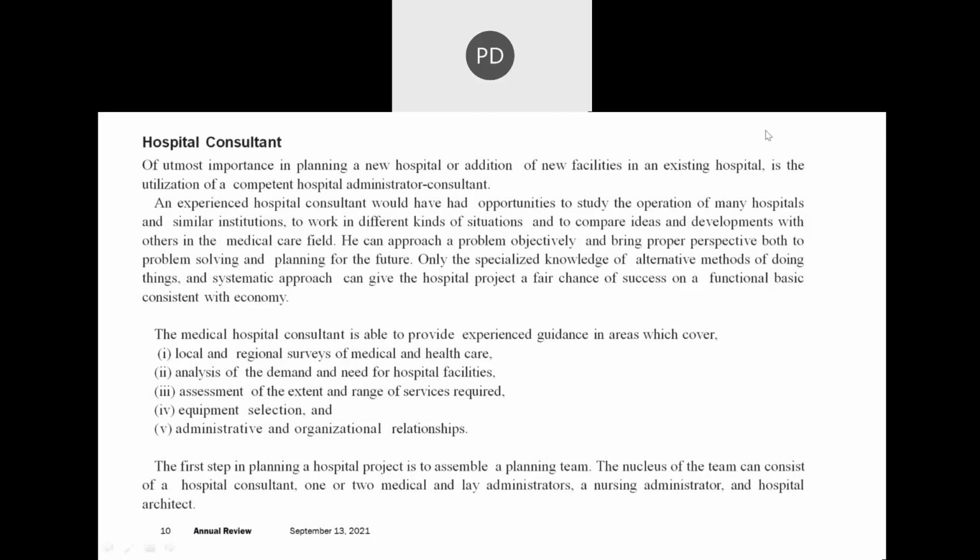And if the socio-economic status of that area is very good, of course we can keep some advanced technology and equipment in the hospital, right?